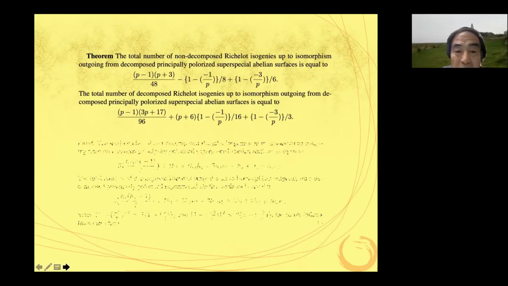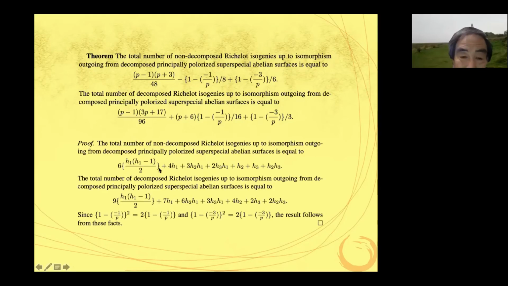The proof is very similar. For each case, we consider the number of Richelot isogenies up to isomorphism, and we sum up these things, then we get the result.